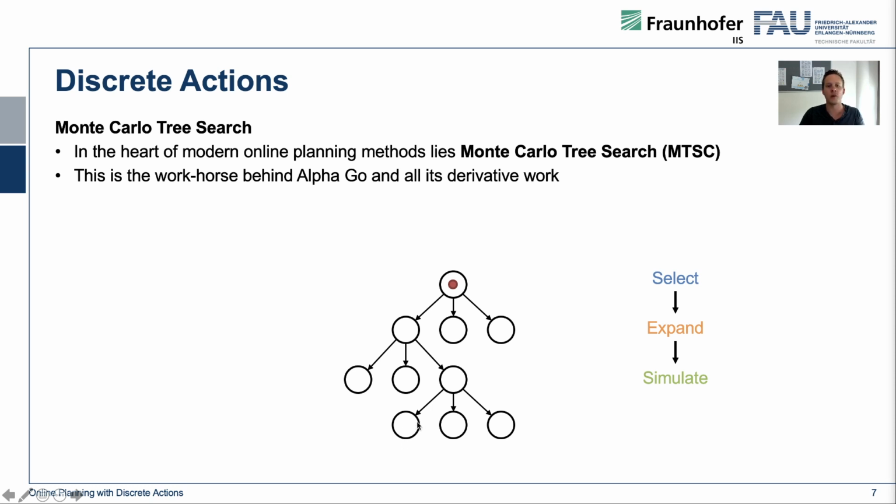And so we do a simulation, meaning that we need a way to do the simulation. And if we did a lot of simulations, in the end, we can average all the values and we have an estimate of the value of the state. And if we have an estimate of the state, we can back up all the information to the head of the node in order to get new information.